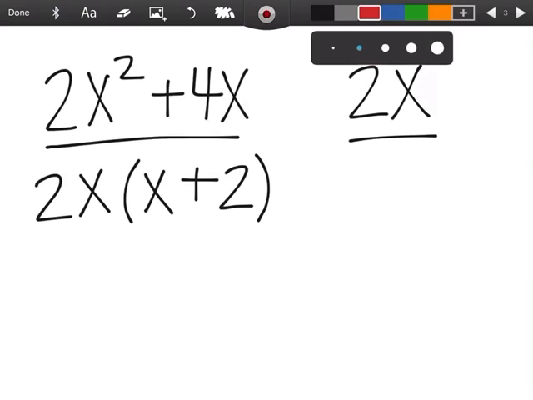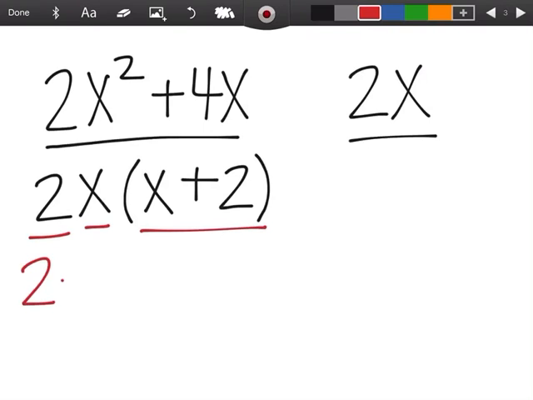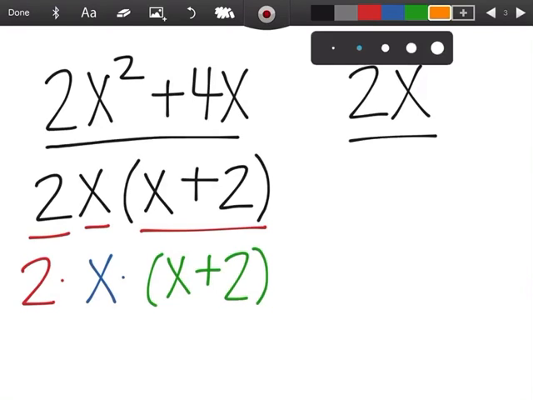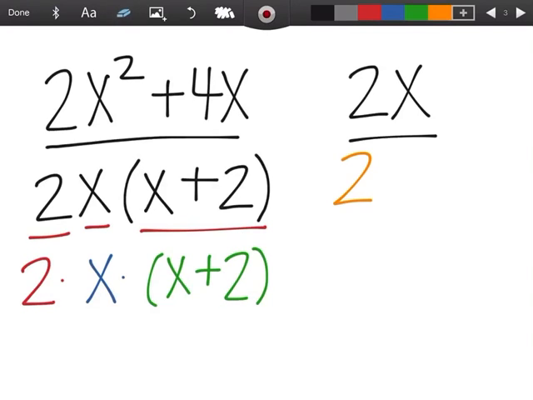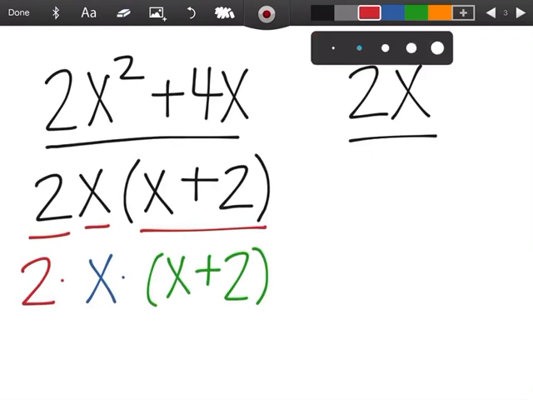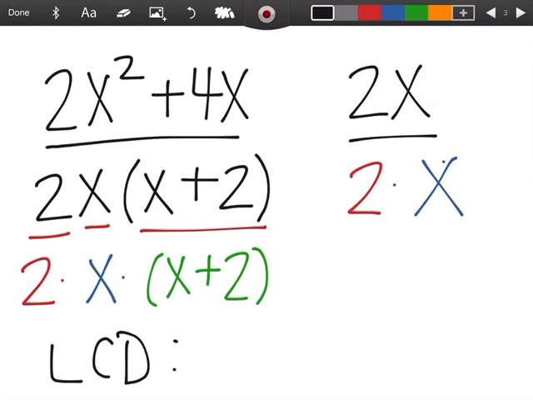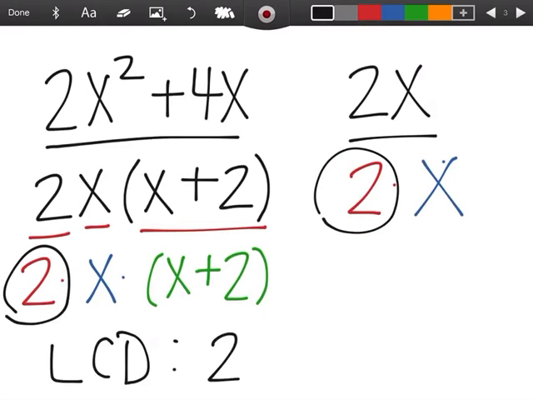So technically speaking, this first polynomial has 3 factors. It has a 2, it has an x, and it has a quantity x plus 2. And then over here, let's match colors. In the second polynomial, I've got a 2, and I've got an x. So when it comes to building my least common denominator, I need that 2, but I only need it one time, because I don't need to make it 4.